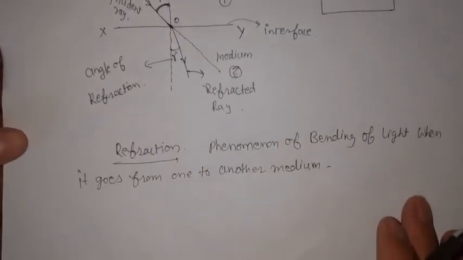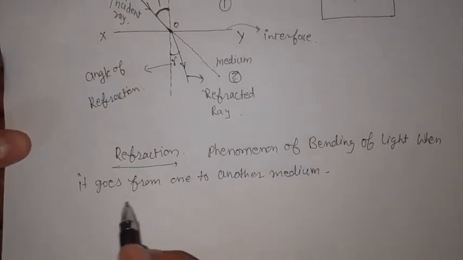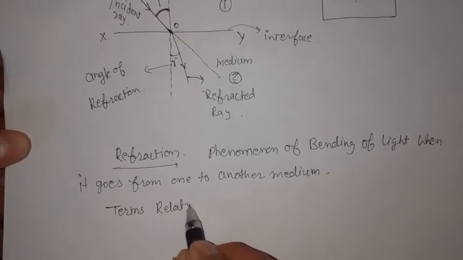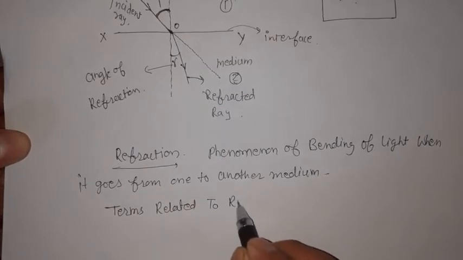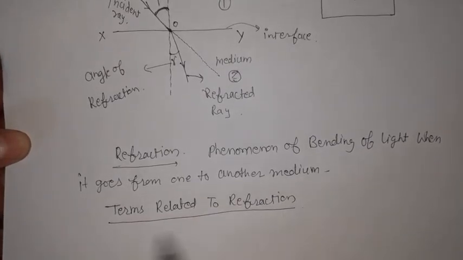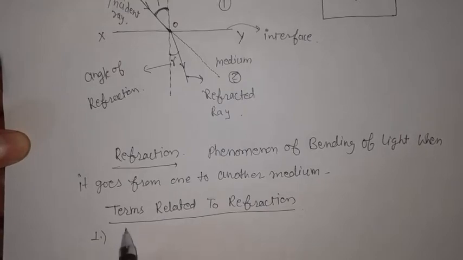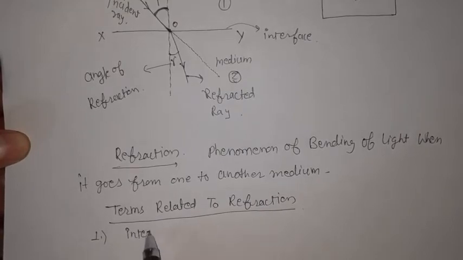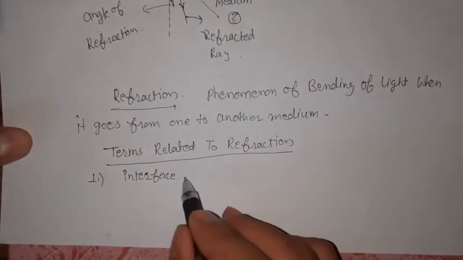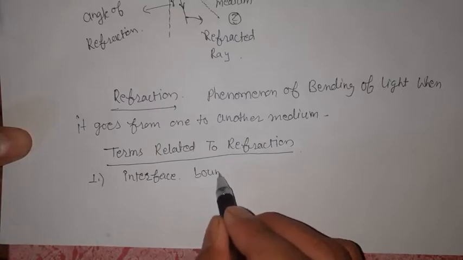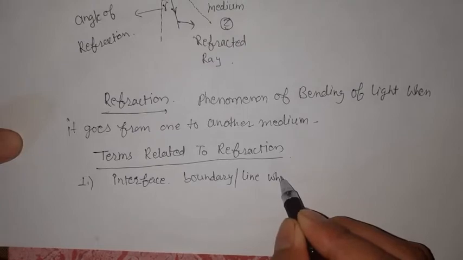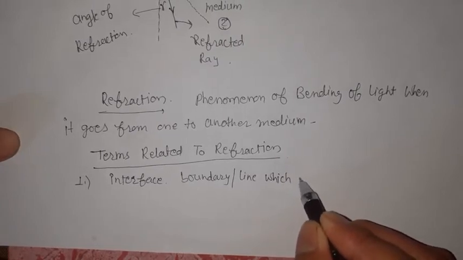Okay, now we come to know the terms related to refraction. So first thing, student, is the interface. First we come to know what the interface is. Interface means a boundary, or a line which separates two media.